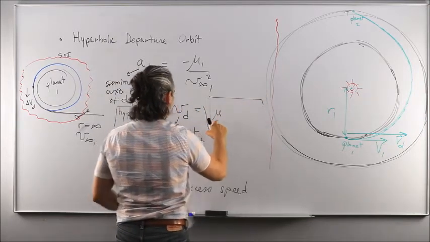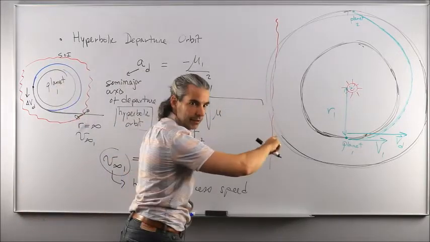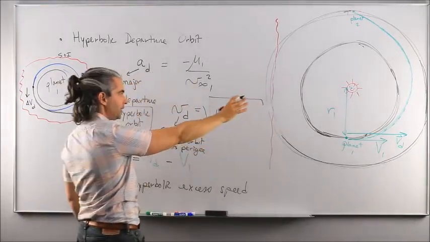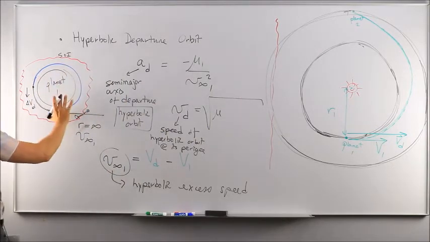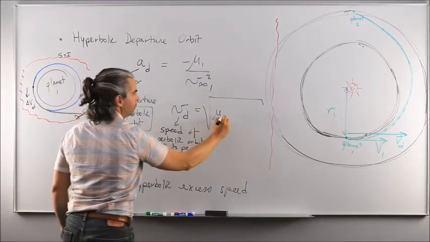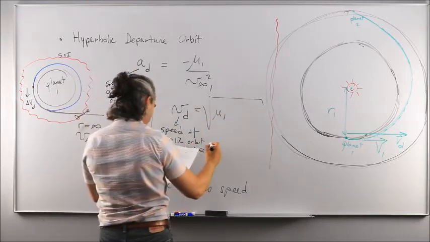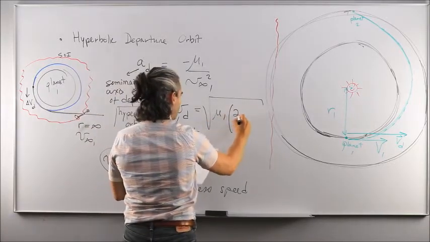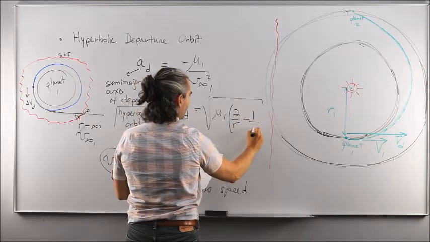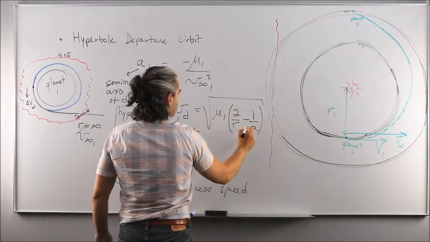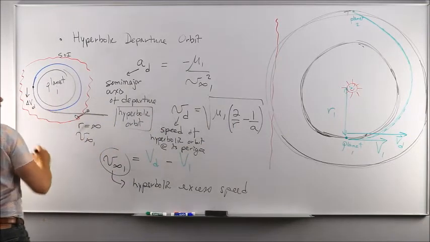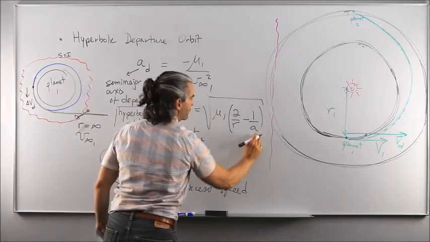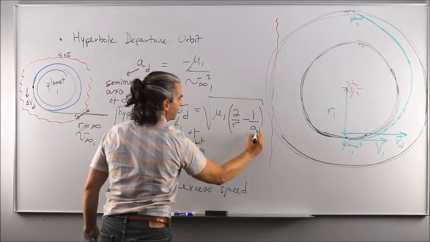Now, we're not looking at the sun's perspective or the heliocentric perspective anymore. Everything we do now is focused from the planet perspective. So I'm going to use mu of planet 1 times 2 over r minus 1 over a. a of what? Well, a of this hyperbolic orbit. So a_D, this.